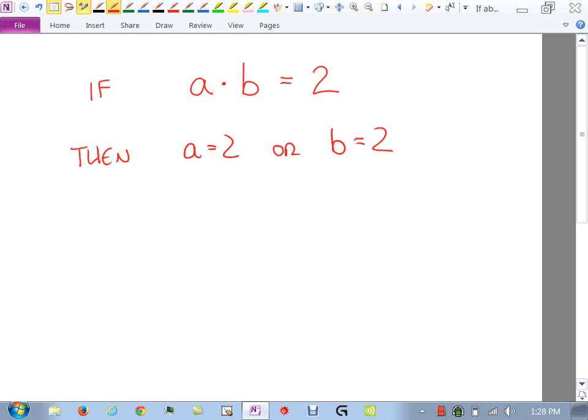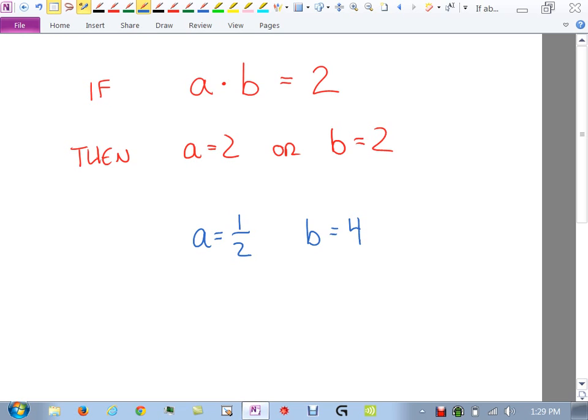What if A is 1/2 and what if B is 4? What do they multiply to be? Well, what's half of 4? 2. Are either one of these 2? No, 4 is 4. Half is half. They're neither 1 or 2.